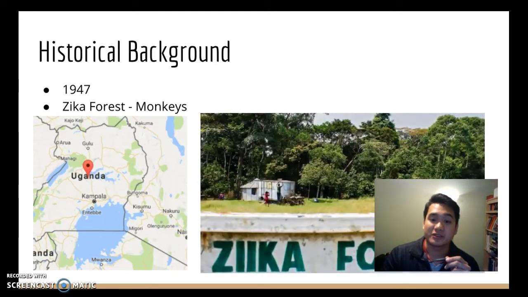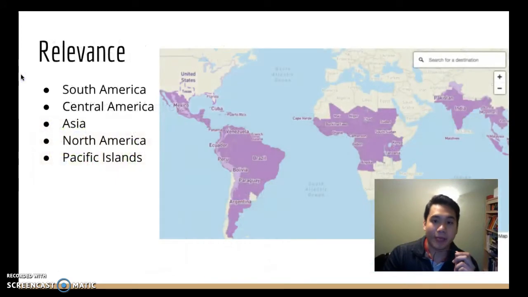These monkeys showed symptoms of a high fever. As for its relevance today, as we can see, these shaded purple regions are places where the virus has spread.